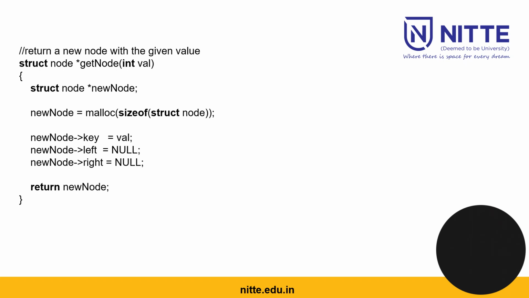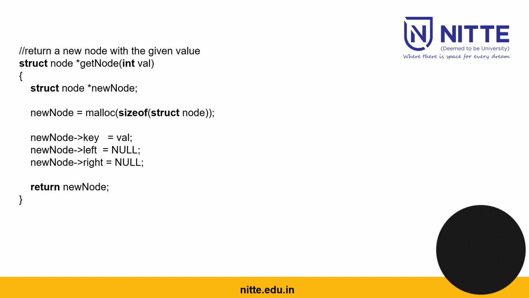Then what it will do, struct node star newNode. Okay, so the new node will be generated here, and just now I am declaring it. When we assign the memory to that new node, that means the node has been created, only then the node will be created.